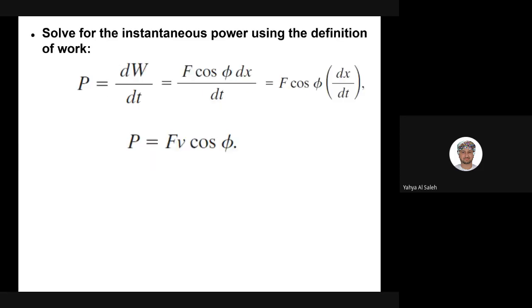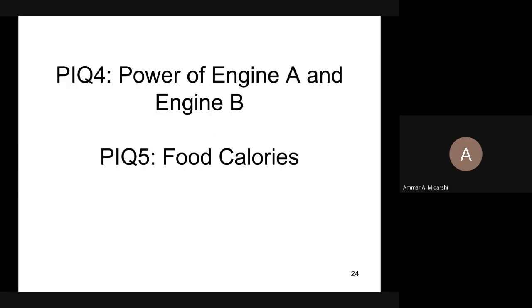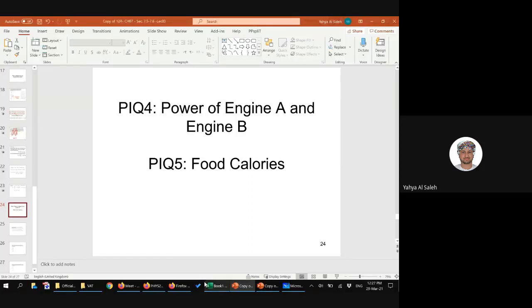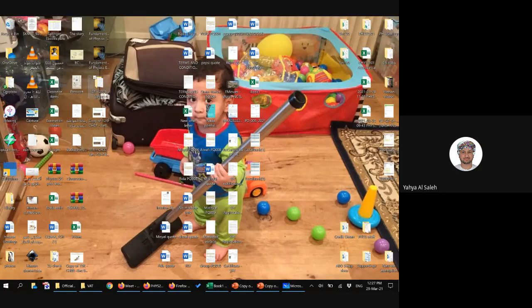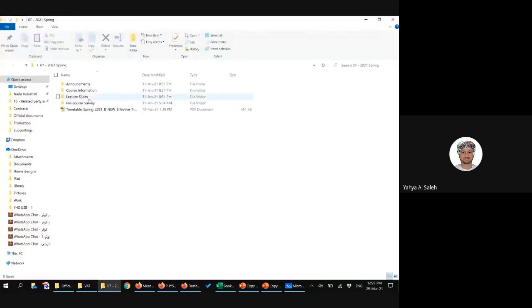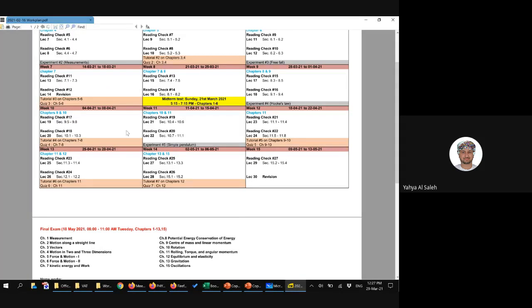Any questions so far? Doctor, this section 7.6 is not in the work plan. How is it not in the work plan? Interesting.